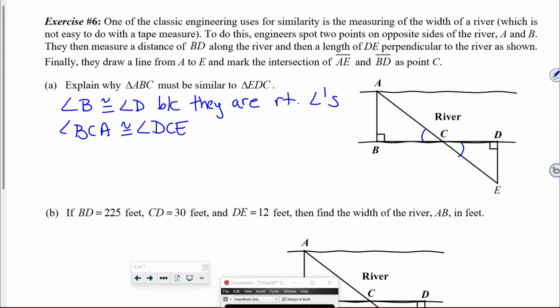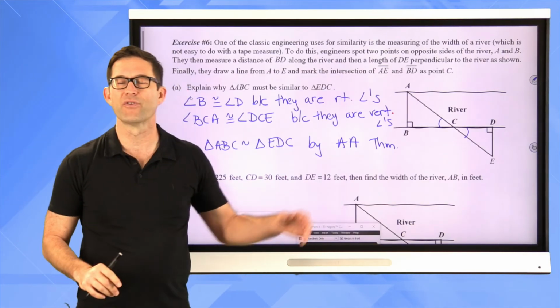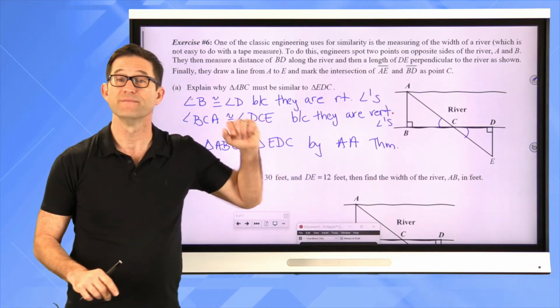Those angles have to be congruent because they are vertical. Okay, and therefore, triangle ABC must be similar to triangle EDC by the angle-angle theorem. All right, so it's our classic angle-angle theorem of similarity between these two.